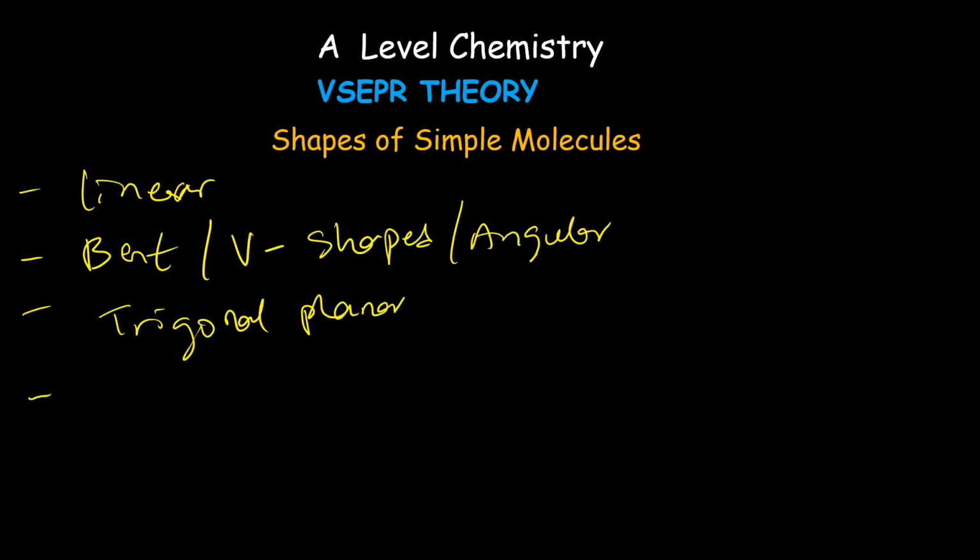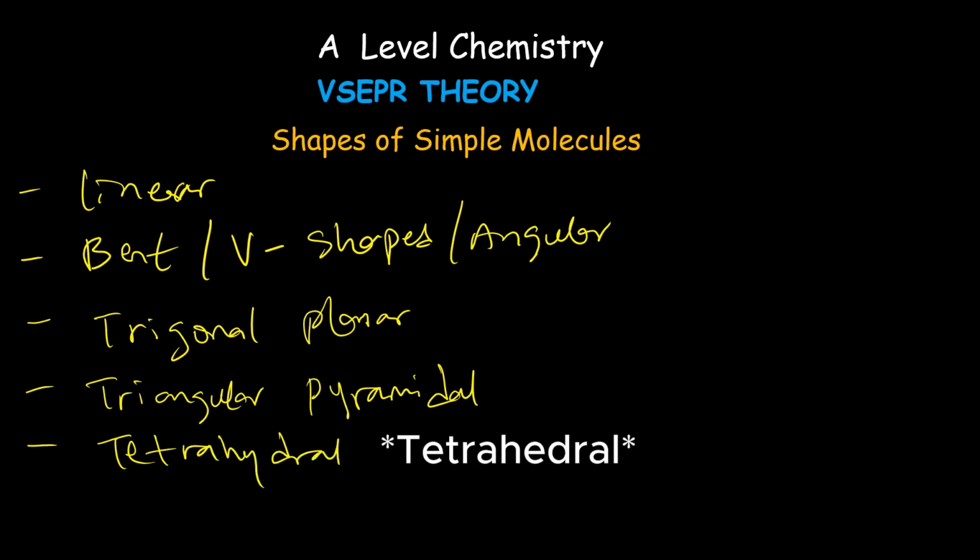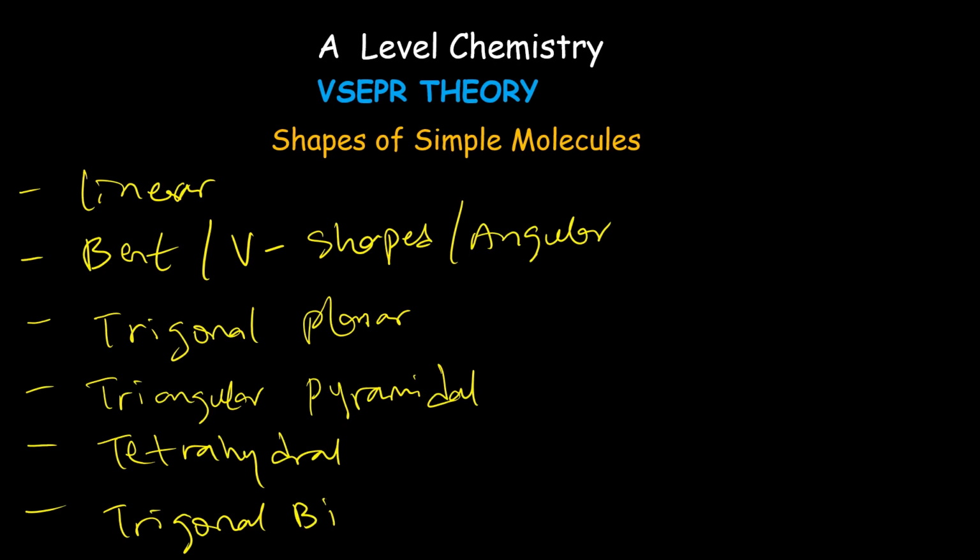The fourth one is triangular pyramidal. And the fifth shape is tetrahedral, and the sixth one is trigonal bipyramidal. And lastly, we're going to look at the octahedral shape.